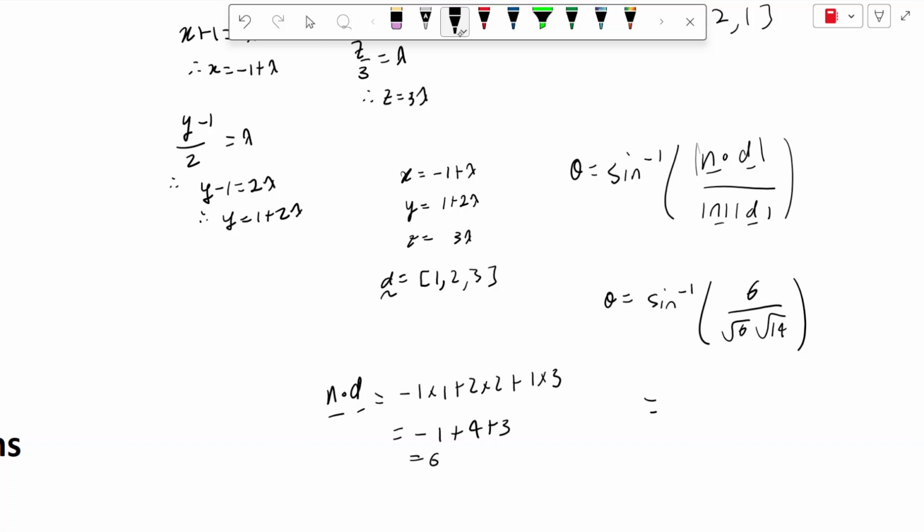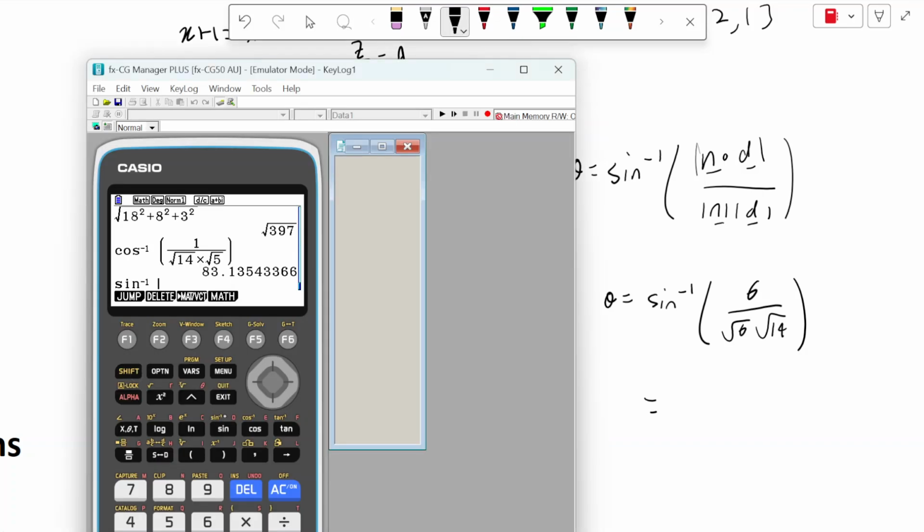So there we go: 6 on the top, root 6 times root 14 on the bottom, 40.9.